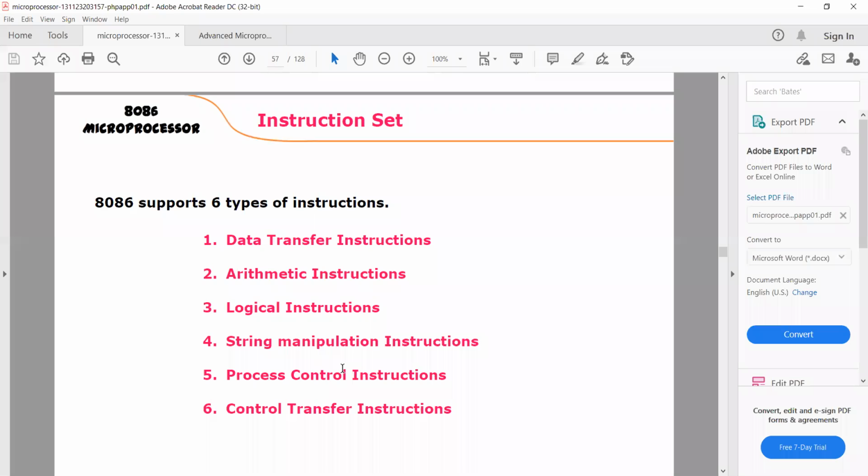We'll have three to four instructions in each category that we'll complete in the coming classes. As we are left with so much time, if there are any doubts, you can ask me now.